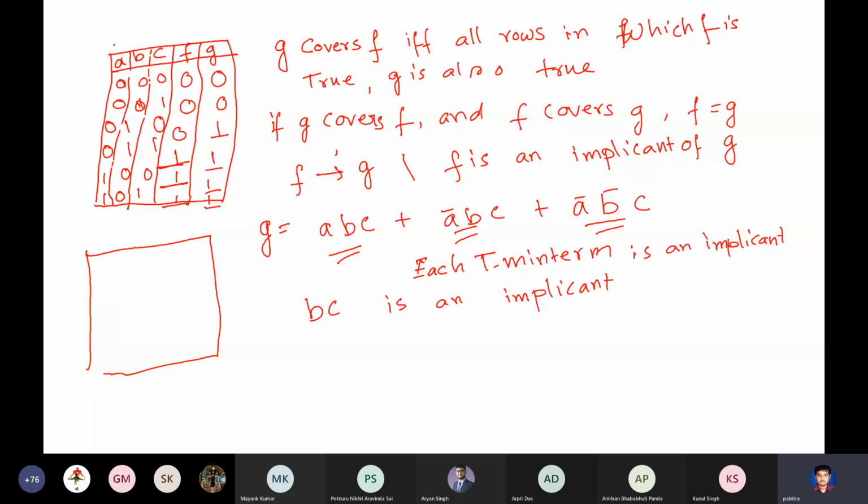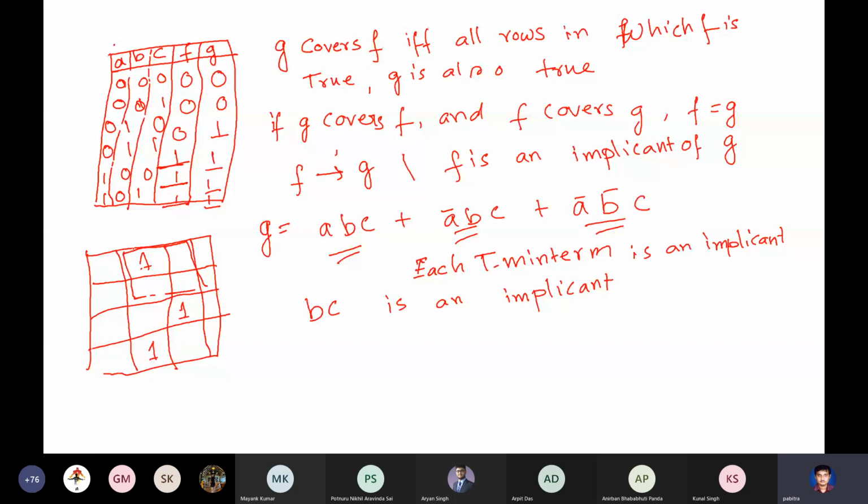Any 2 to the power k sized cubes that we talked about in the Karnaugh map are also implicants. All these boxes or cubes that we drew in the Karnaugh map are implicants of the entire function, considering, of course, the sum of products, the true min terms only.